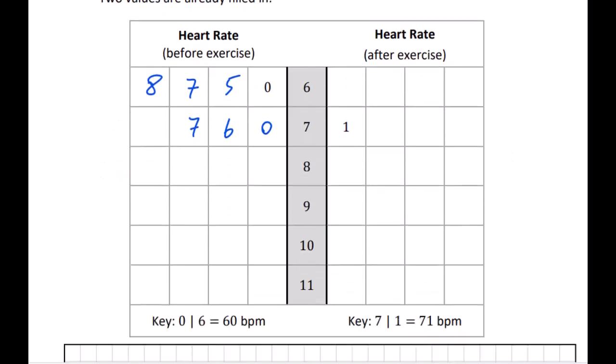And then we have 83, 88 and 89, and then on the right hand side we've got 71, 79, 81, 83, 87, 91, 102, 108, 113 and 118. So that's the stem and leaf plot filled in.